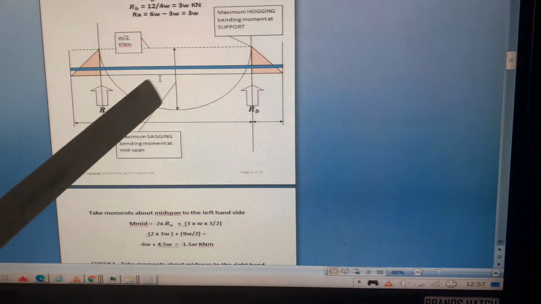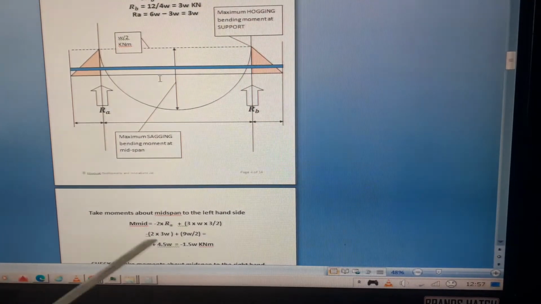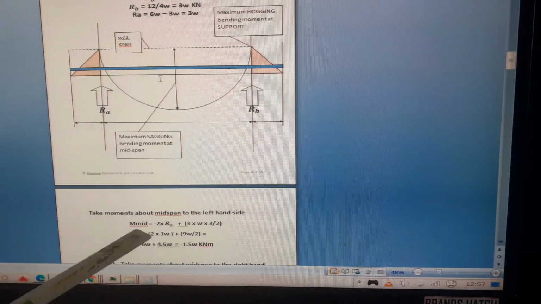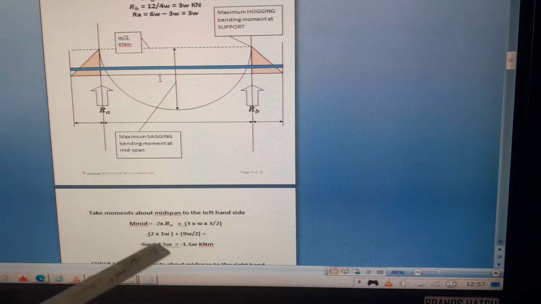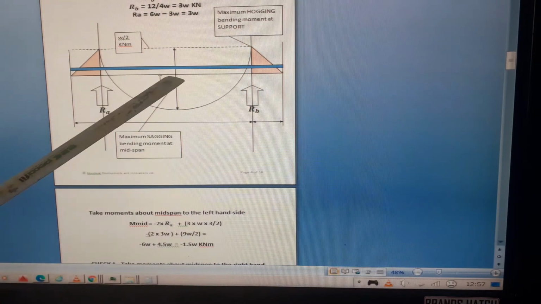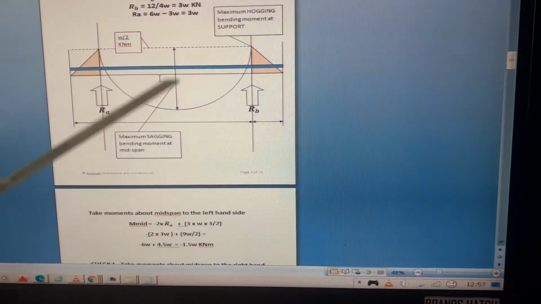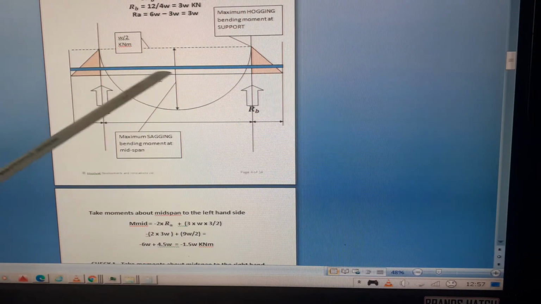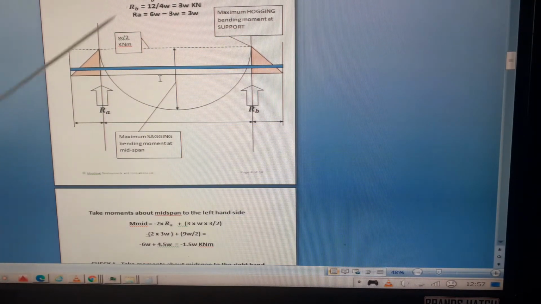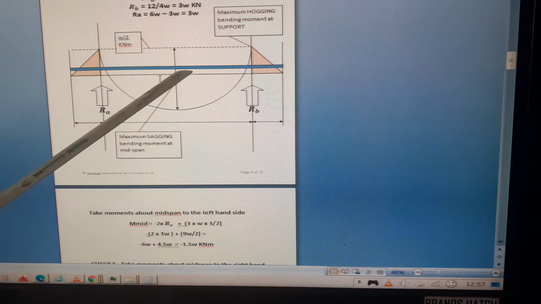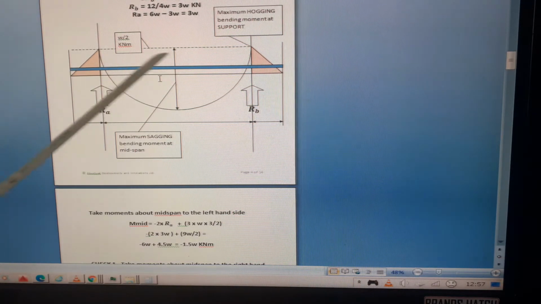So if I take moments about the middle, I get the moment of the middle is minus 2 RA, because this half of the internal span is 4 over 2 is 2 times RA, and then I get plus 3 meters times W times the lever arm for the W, which is 3 over 2, because the loaded width between the middle and the end, that's 3 meters.